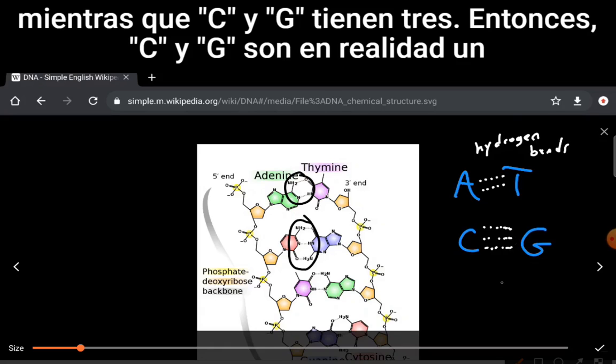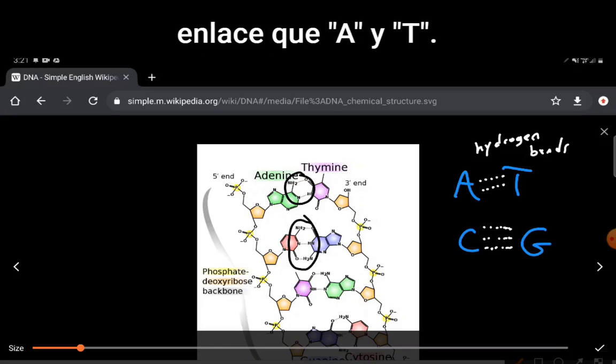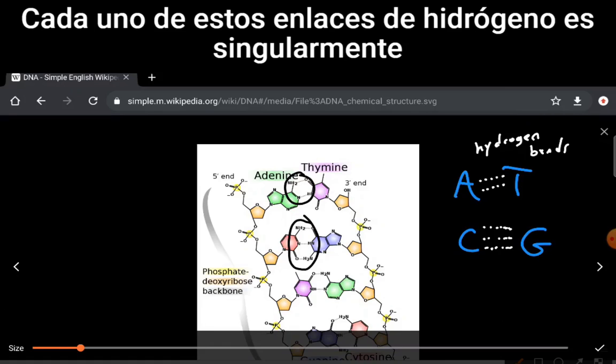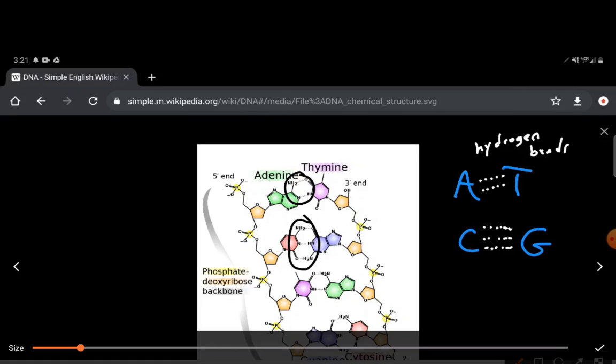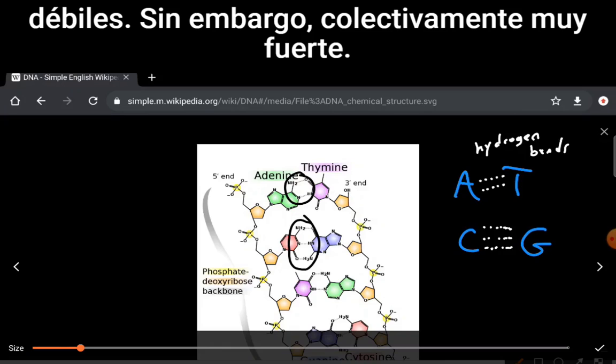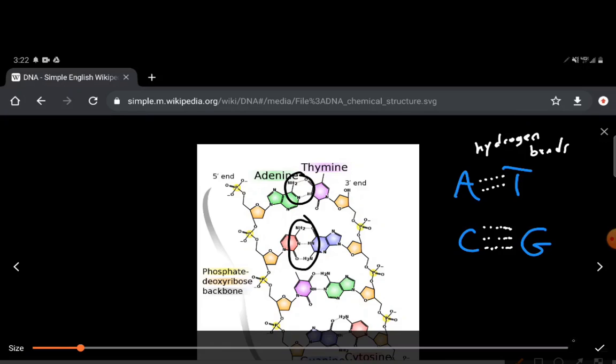And so C and G is actually a stronger bond than A and T. Each of these hydrogen bonds is singularly weak, however collectively very strong.